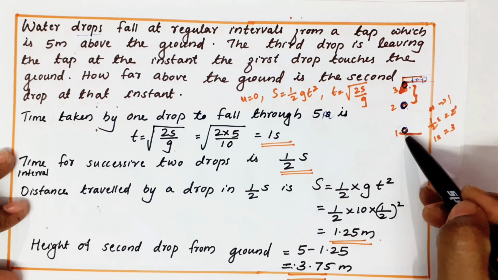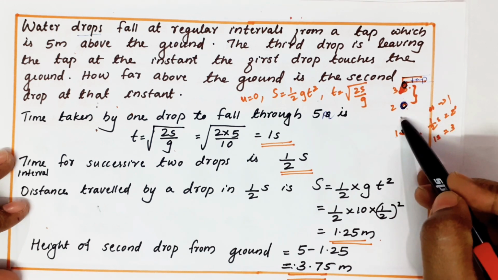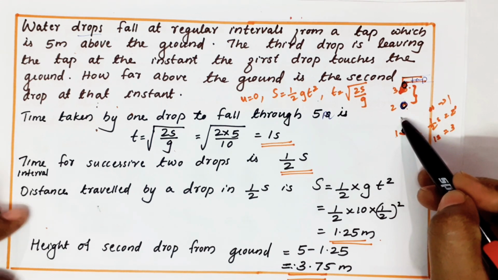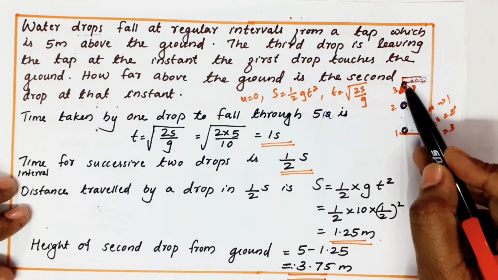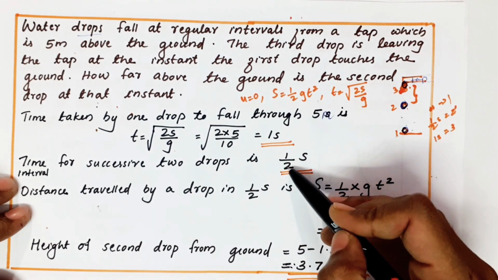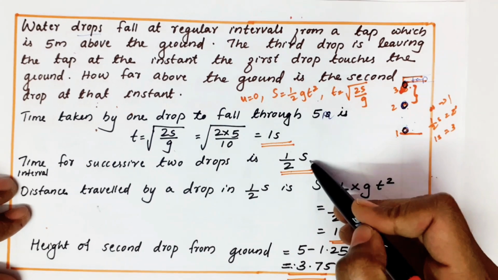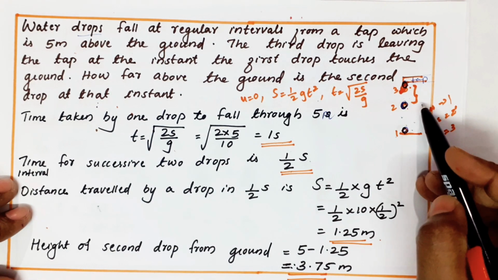After that you have to calculate how many more drops already started from the tap. So 2 drops already started from the tap when the third drop is starting. So I am taking here the time divided by the number of drops 2. So 1 by 2. It means each drop is taken a time interval of half.